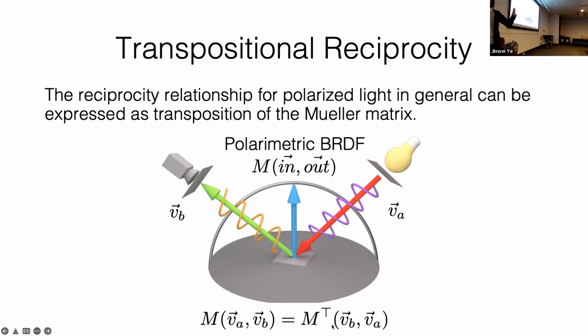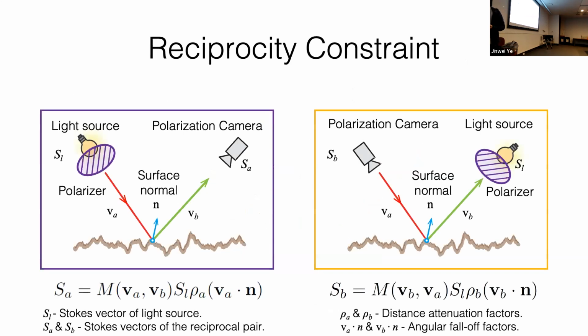So basically, we derive that the reflectance of polarized light, represented in the form of Muller matrices, follows this transpositional reciprocity. And with this, we can derive equations using the reciprocal image pairs.